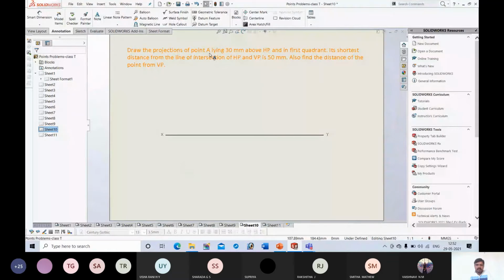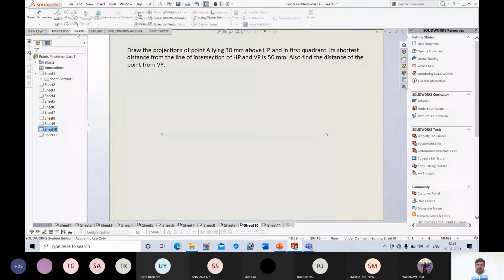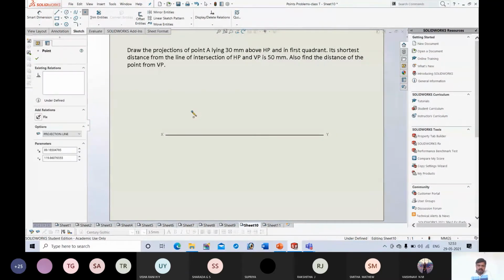On the drawing, it will be 30 mm above the XY line. I will draw a point. I will consider RPP. You can consider LPP or RPP since it is not specified in the problem, but I will consider RPP. I will draw a point, and this should be at a distance of 30 mm. Since it is above HP, it should be 30 above the XY line.